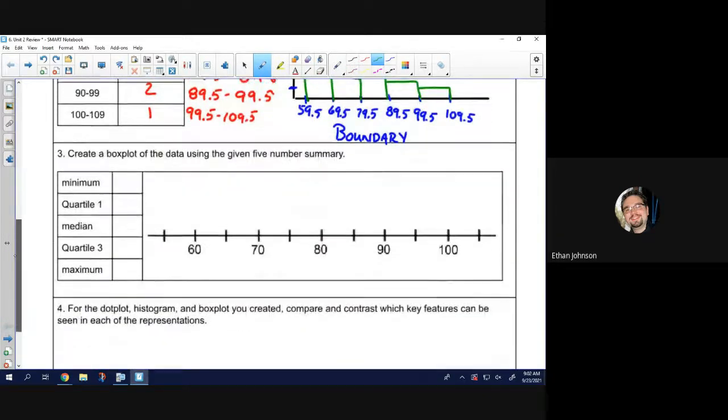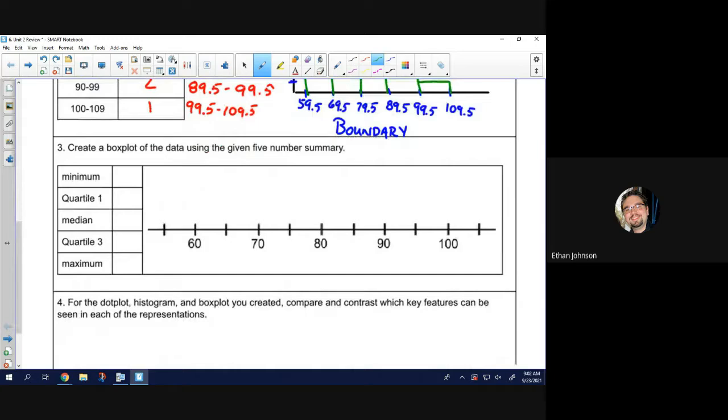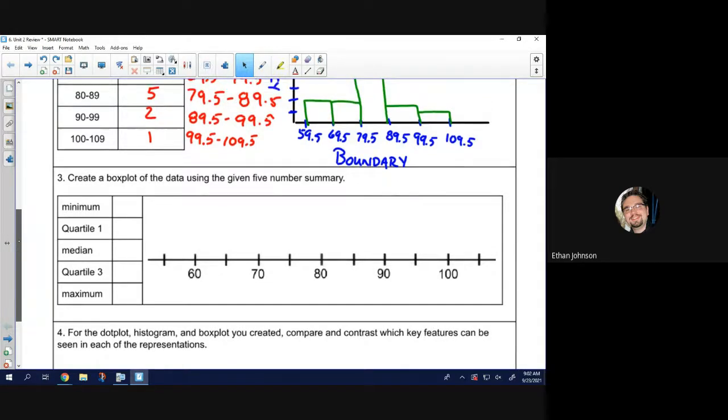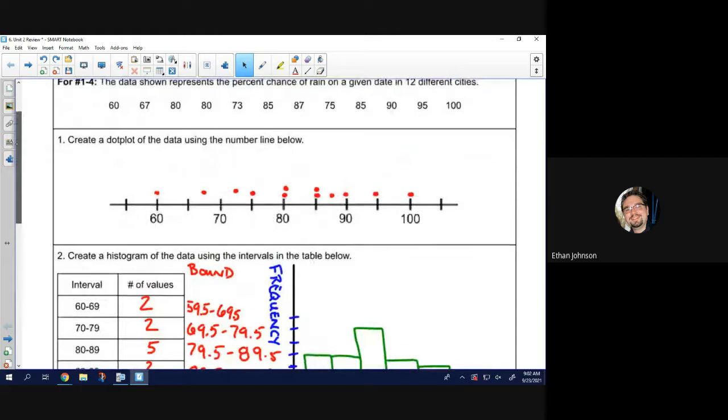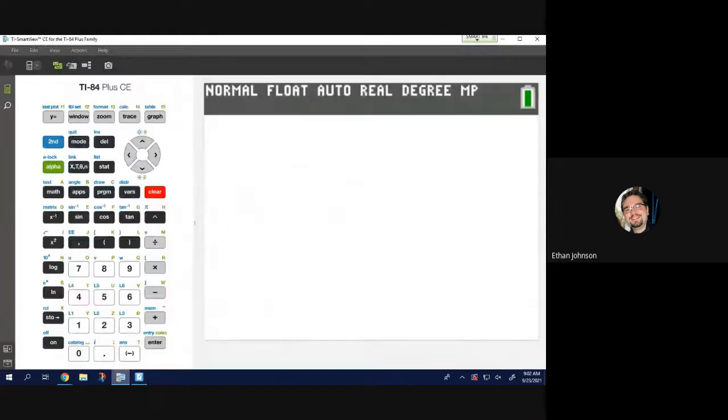Last but not least, we need to create our box plot. So we need to find our 5-number summary, which is minimum, quartile 1, median, quartile 3, and maximum. So we need to type the numbers into our calculator. Well, I will pull up the calculator.